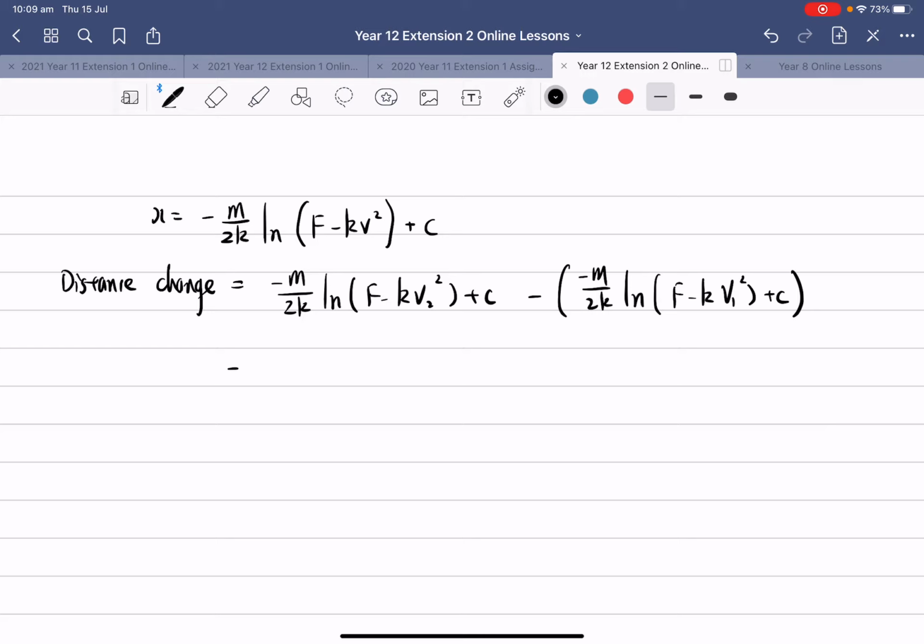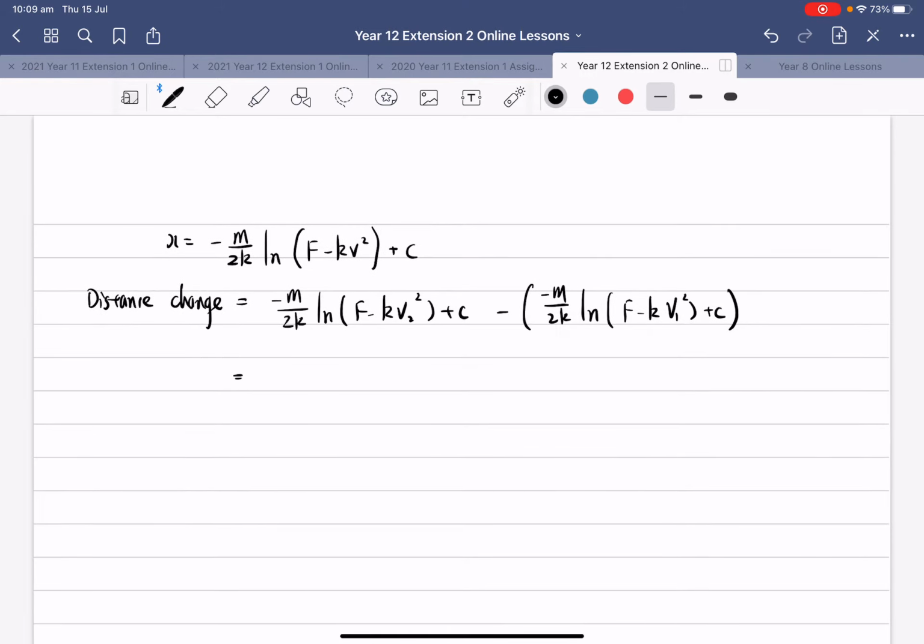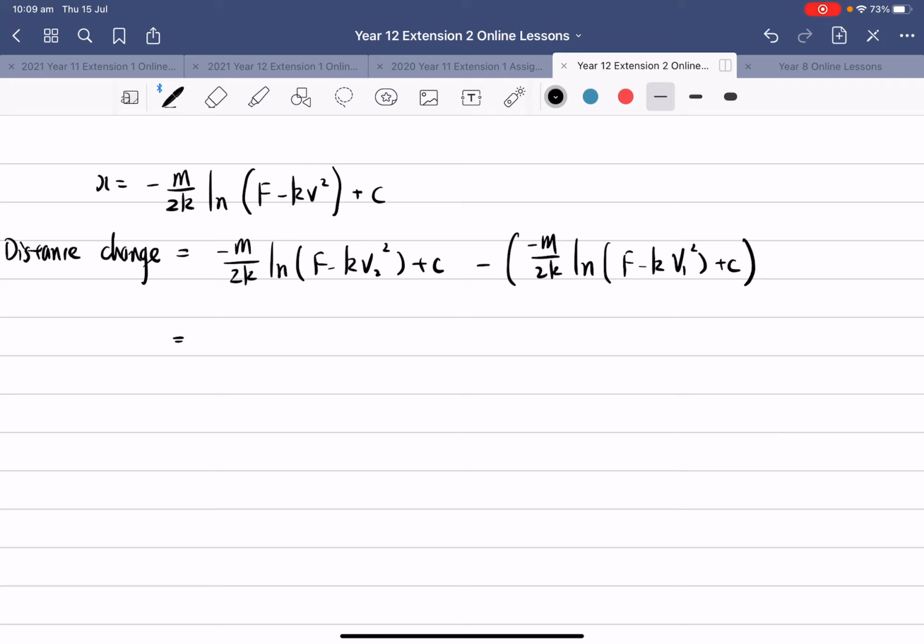Okay, all right, so now let's expand and rearrange. Once you remove the brackets on this side, that becomes a plus, that will be a minus. So that becomes m over 2k ln f minus k v1 square minus, remember the c cancels out, so I don't have to worry about the c, ln f minus k v2 square.